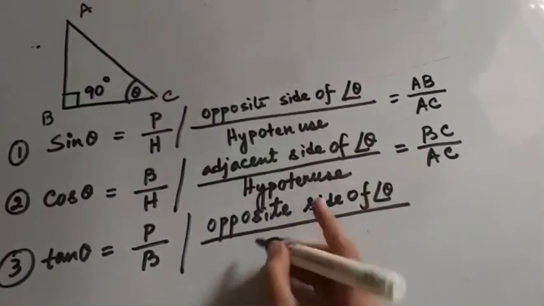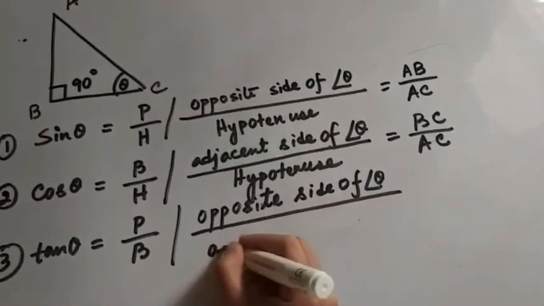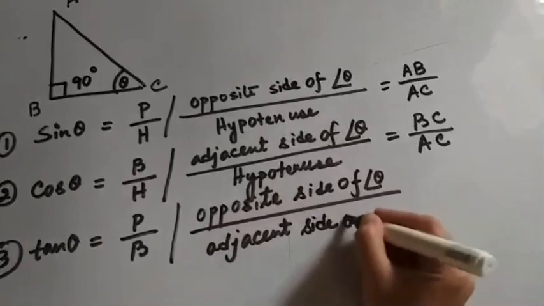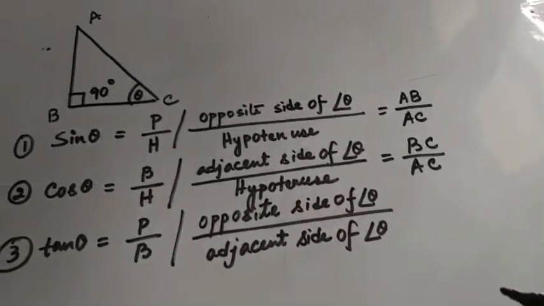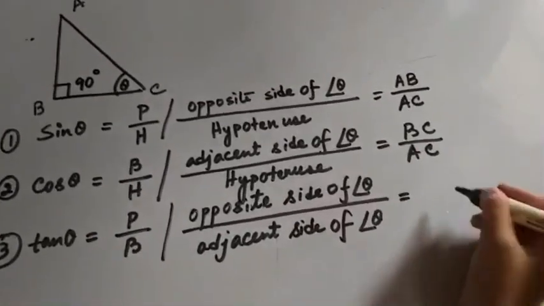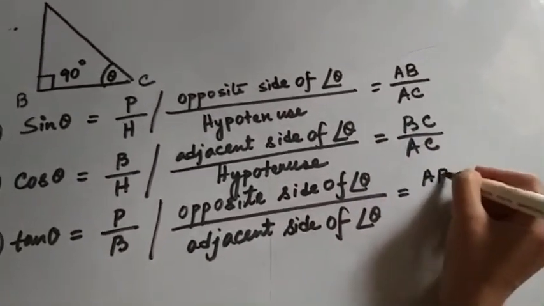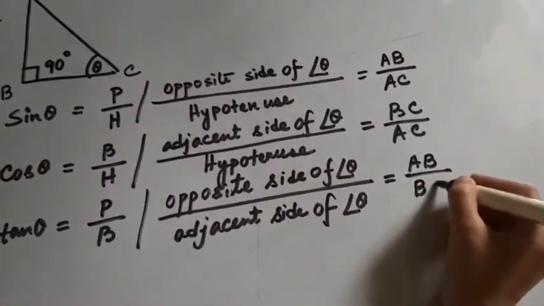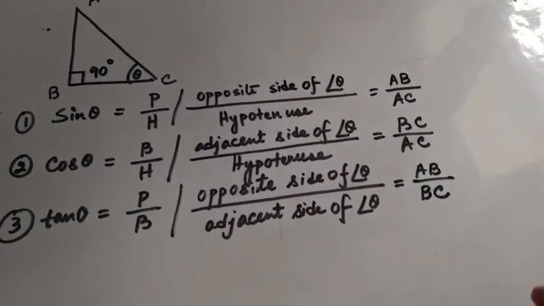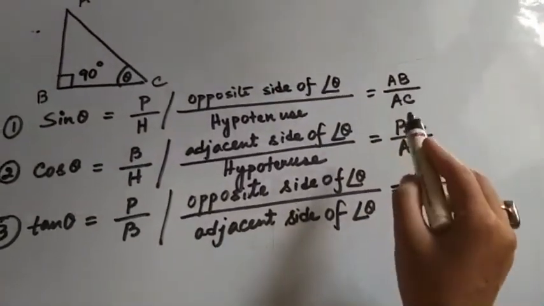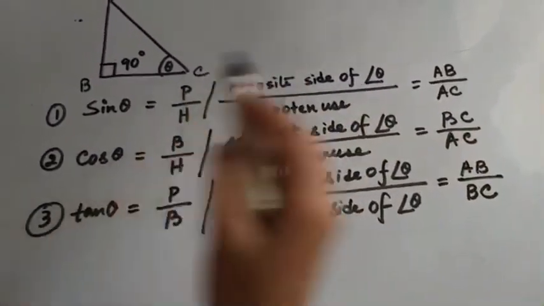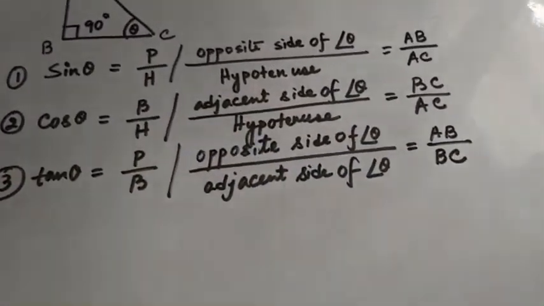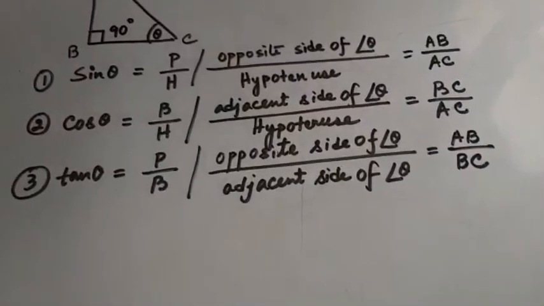Base will be adjacent side of angle theta. Okay, so opposite side of angle theta means AB by adjacent side of angle theta means BC. That means AB by AC, this is the ratio of sin theta. BC by AC, this is the ratio of cos theta. And AB by BC, this is the ratio of tan theta.